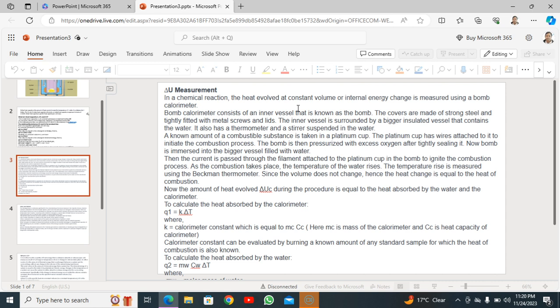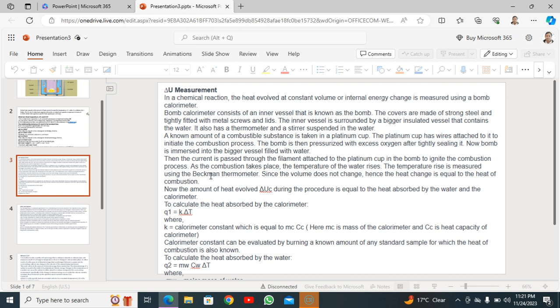The bomb is then pressurized with excess oxygen after tight sealing, and it is immersed in the bigger vessel filled with water. Then current passes through the filament attached to the platinum cup in the bomb to ignite the combustion.